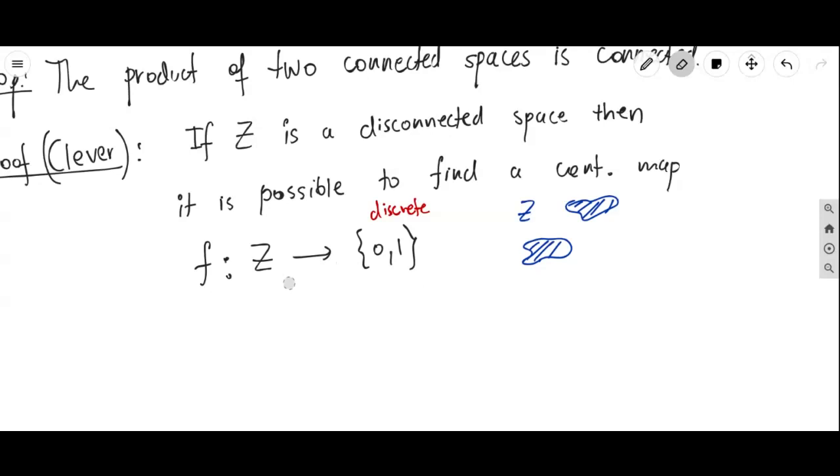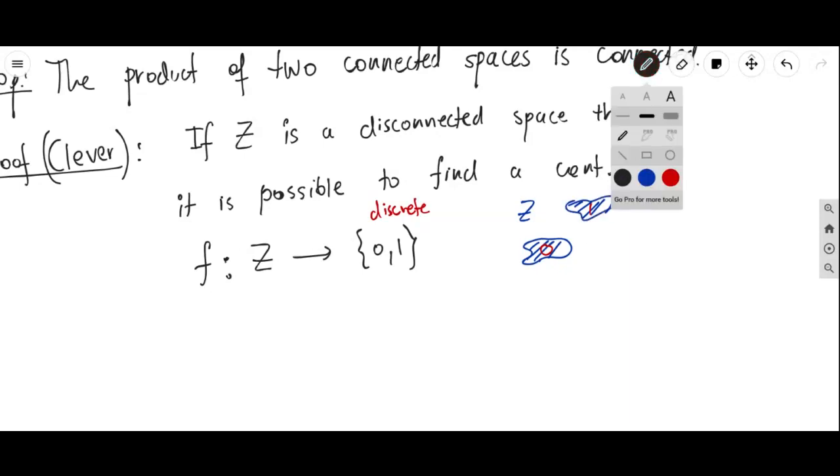If you have a point in this piece, you set it equal to 0, and if you have a point in the other piece, you set it equal to 1. So if Z is disconnected, then you can find a continuous map. Every point in this piece is mapped to 0, and every point in here is mapped to 1. And then this is going to be a continuous map.